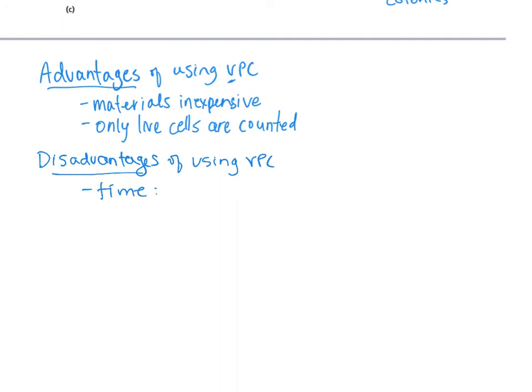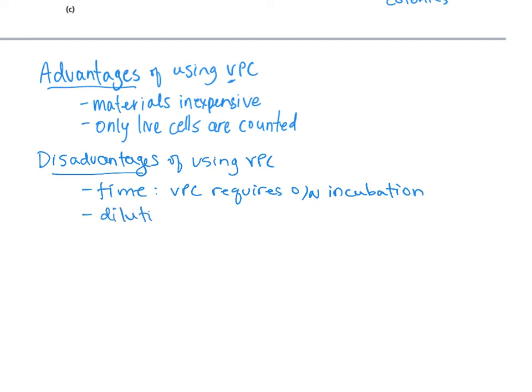Viable plate count requires an overnight incubation. Okay, it doesn't take long to actually inoculate it and make the dilutions, but then you have to wait for the cells to actually grow up. And that might be fine, that might not be fine.